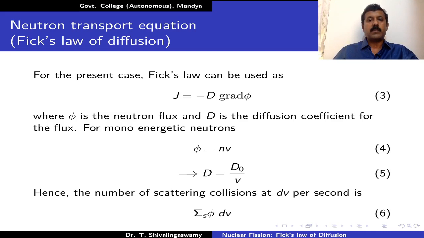Therefore, flux can be written as the product of n and V, and this V is constant. Each and every neutron possesses the same kinetic energy, so their velocity is the same.